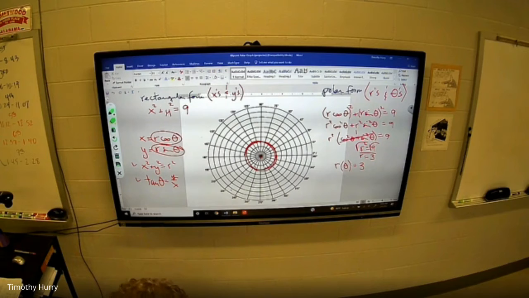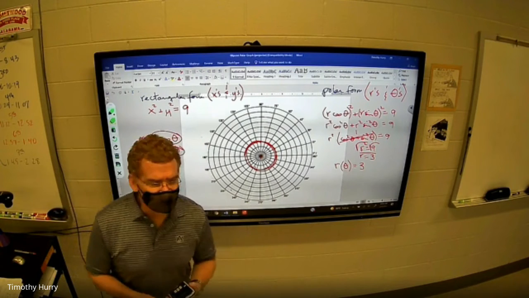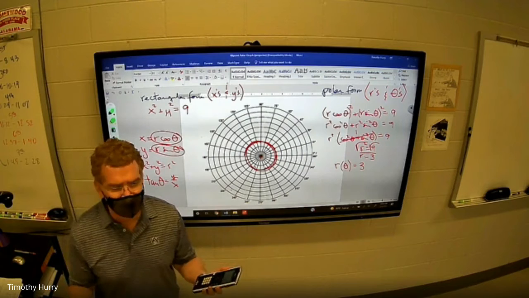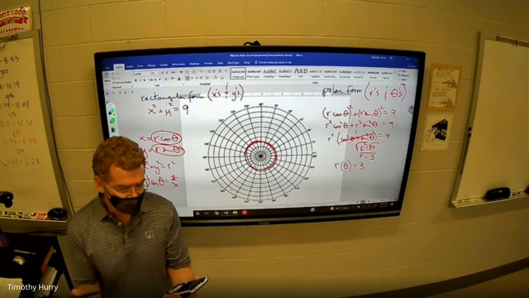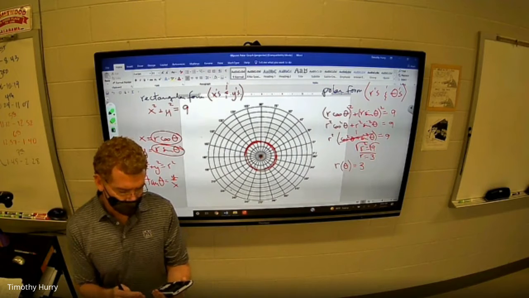What do you have? Are you in radians? Hold on, mode. Go to radians. Put it in radians and do it. You can do it in degrees, but it might be better to keep it in radians. I don't know what's better. My window's open, actually, I don't know why.